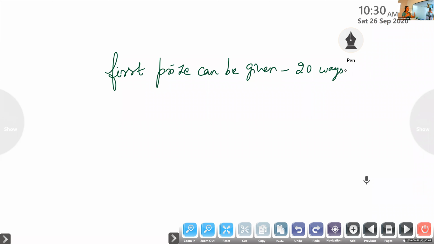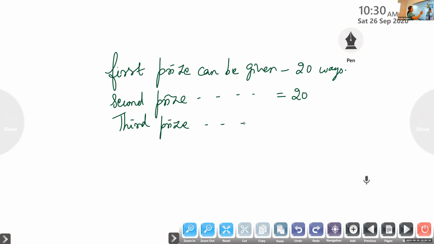Similarly, the second prize also can be given in 20 ways, because the boy may have more than one prize. Likewise, the third prize also can be given in 20 ways.